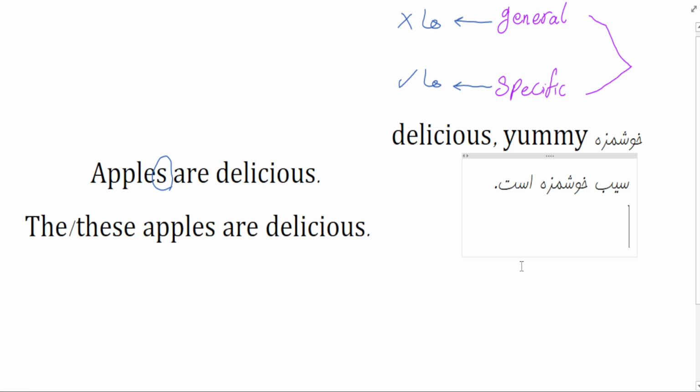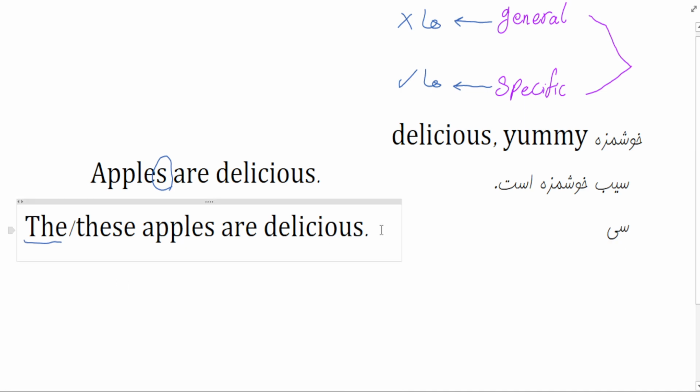In that case, you are being specific, which requires ها in Persian. That would be, for example, سیب‌ها. I'm assuming that you mean they, not these, because these and those will be the next lesson. There is no equivalent for that, you just need to understand it from the context.